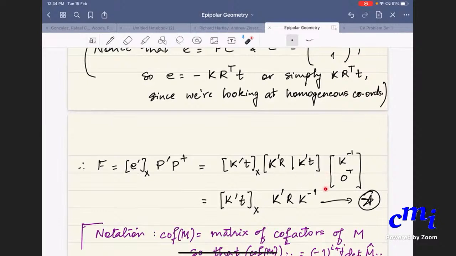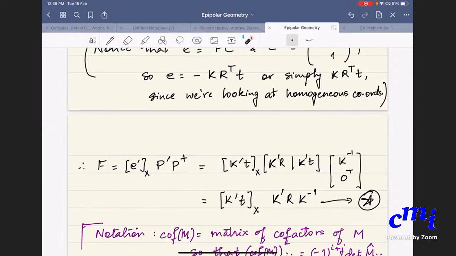This times this is going to give me K prime R, because of this 0 here, this thing will vanish. So you are only left with this 3 by 3 times this 3 by 3, so K prime R K inverse. This is what you got, another expression like this for the fundamental matrix F.